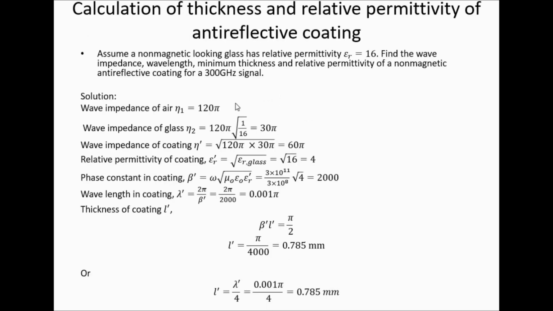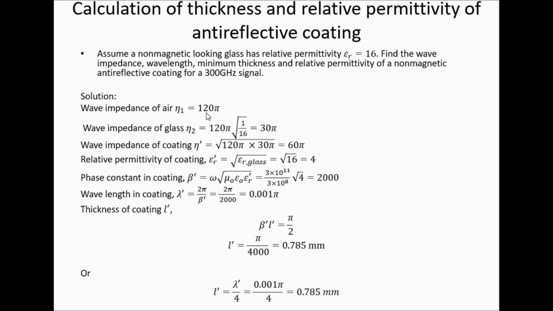So this will be a question like this: assume a non-magnetic glass has a relative permittivity epsilon r equal to 16. Find the wave impedance, wavelength, minimum thickness, and relative permittivity of the non-magnetic anti-reflecting coating at a 300 gigahertz signal.